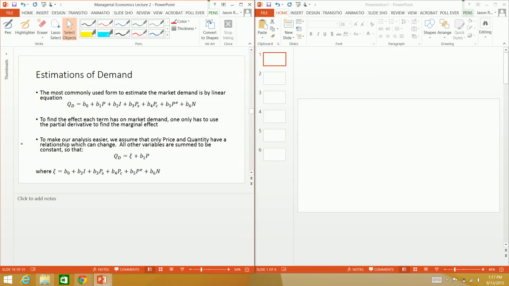Now, if we wanted to find those partial effects, we would have to take the first derivative with respect to each one of those individual variables: prices, income, price of substitutes, complements, and so forth. We further described how we can simplify this relationship so that we're only concerned with quantity and price. And if that's true, then all other factors can be grouped into this term here.